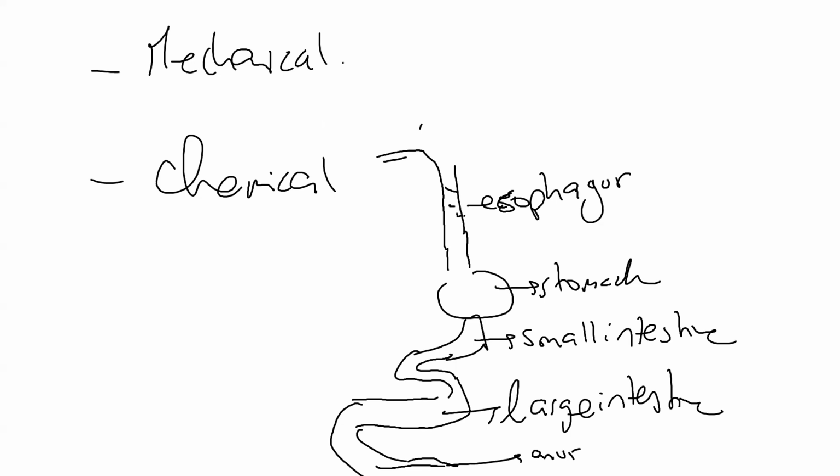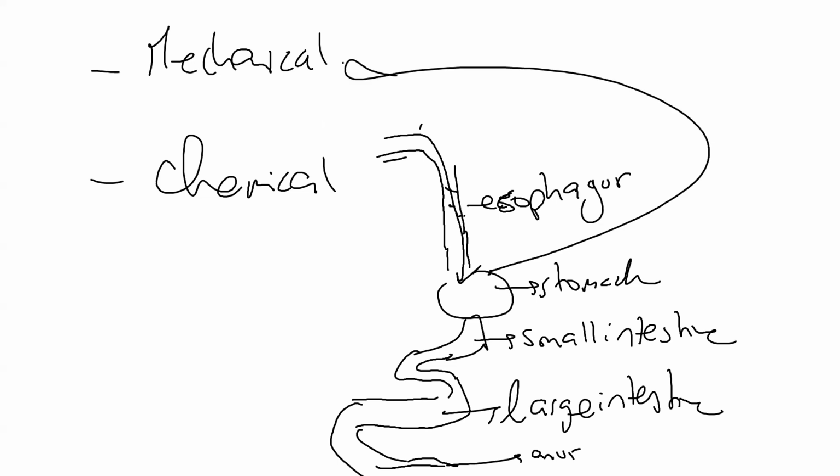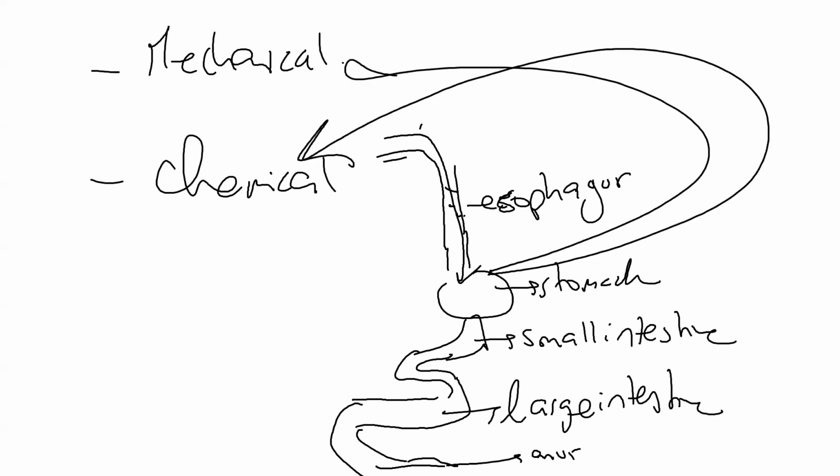What happens? The food will go from here, reaching here, very huge mechanical and very huge chemical reactions will happen. And then they will go to the small intestine, where the absorption of nutrients by the blood will happen. And then they will go to the large intestine.